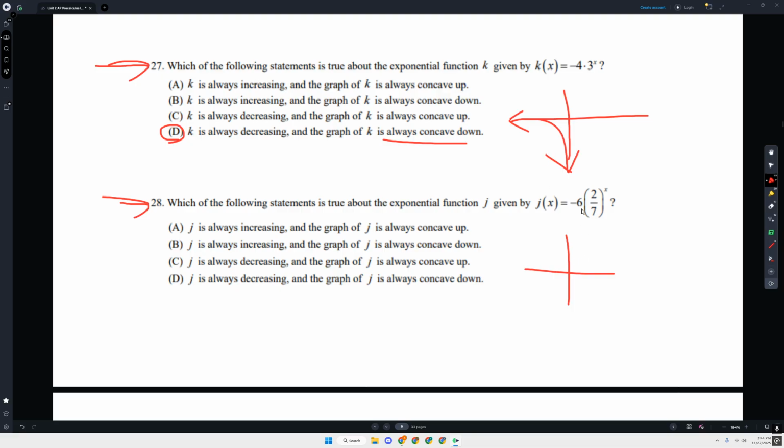For this one, we know this is decay, so it's going to look like this, but then we flip it over the x-axis, and then this is always increasing, but it's also concave down. So hope that made sense for all of you.